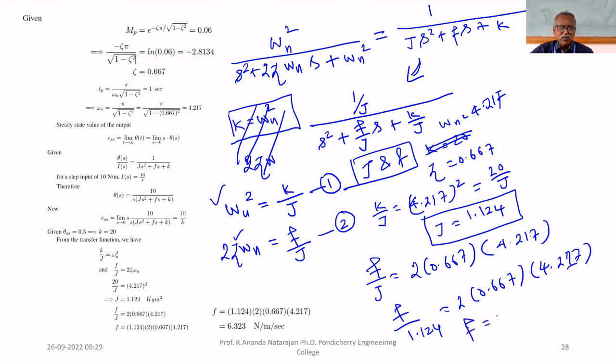Therefore, f equals 6.323 Newton per meter per second. This is the dashpot constant B equal to 6.323 Newton per meter per second.